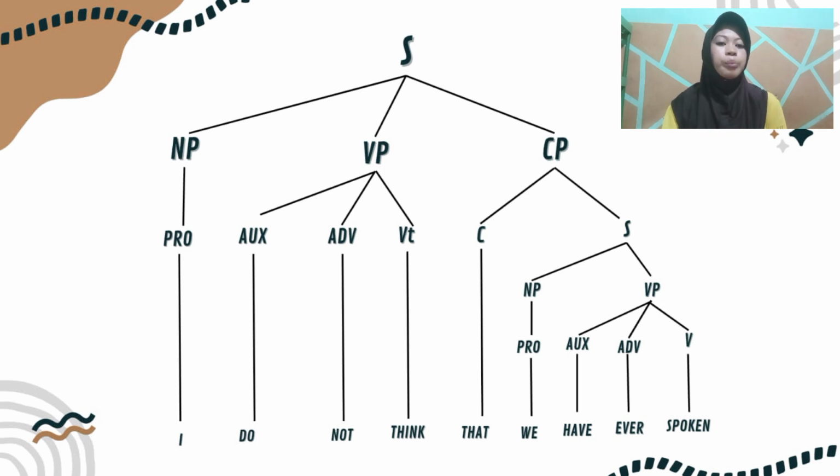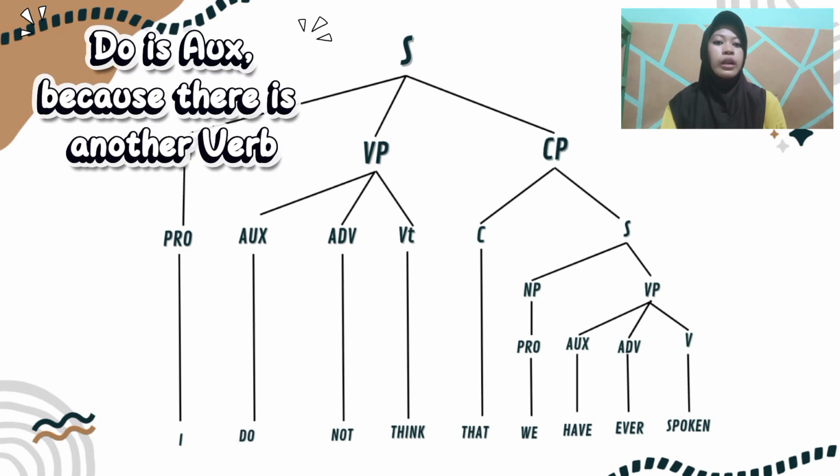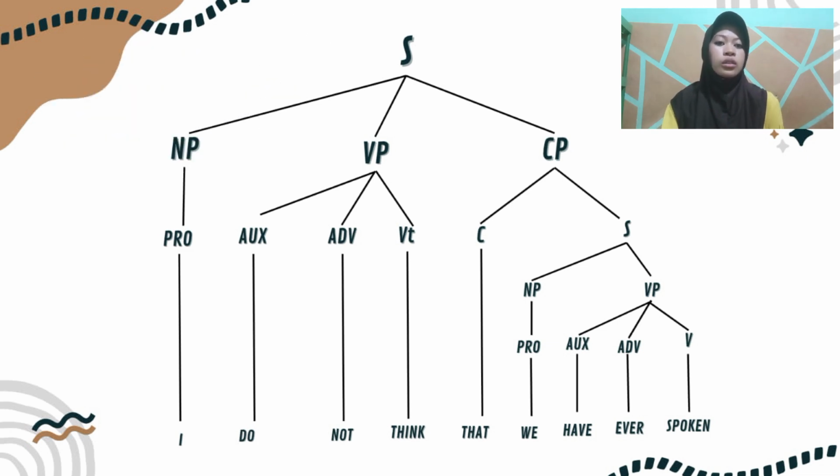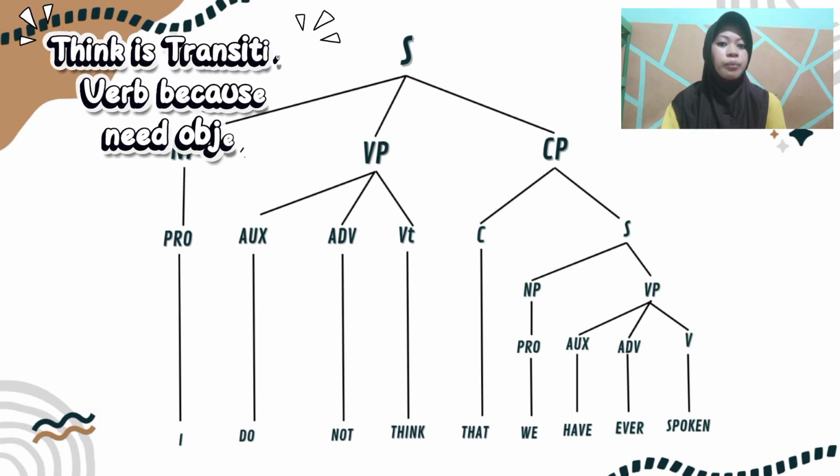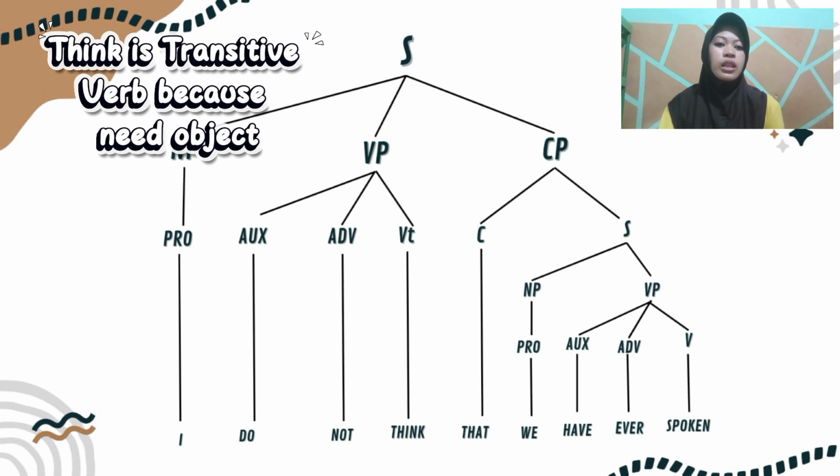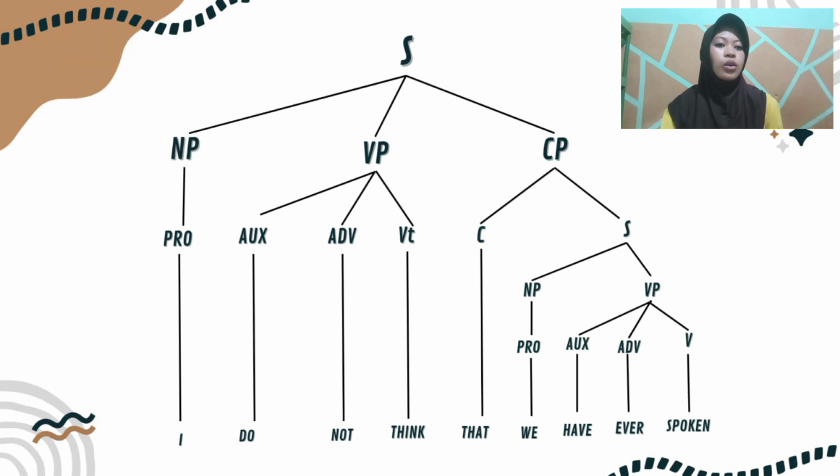Next, in the VP, or verb phrase, it branches into three nodes: auxiliary verb, do; adverb, not; and main verb, or transitive verb, think. This shows that a verb phrase can consist of an auxiliary, an adverb, and a main verb.